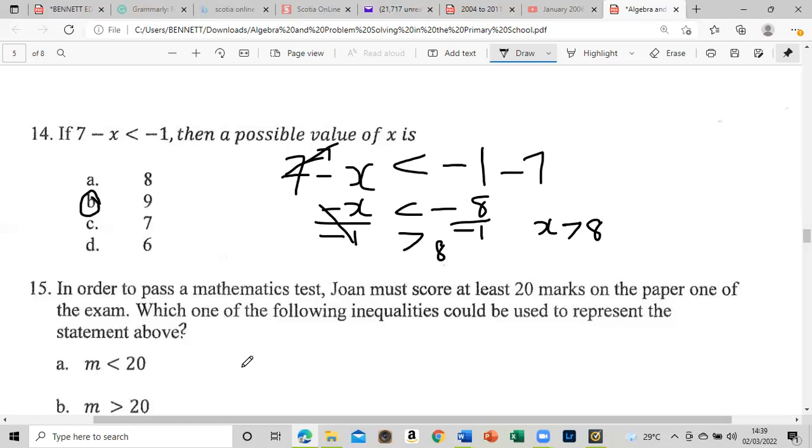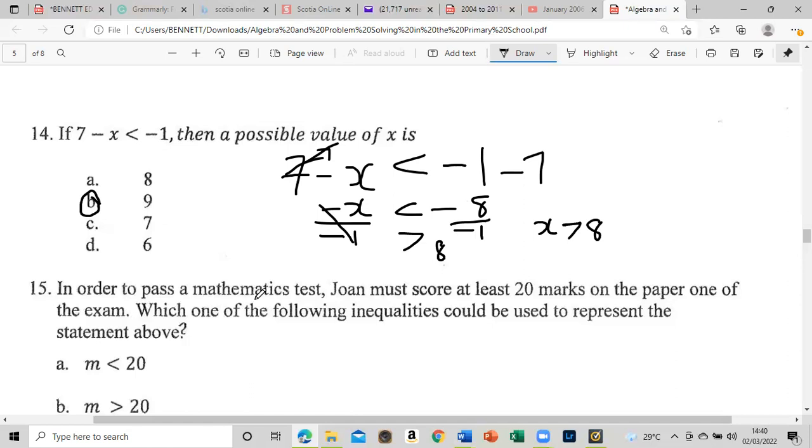In order to pass a mathematics test, you must score at least 20 marks on the paper. Which of the following inequalities could be used to represent the statement above? So it says at least. So you can score more. Alright?